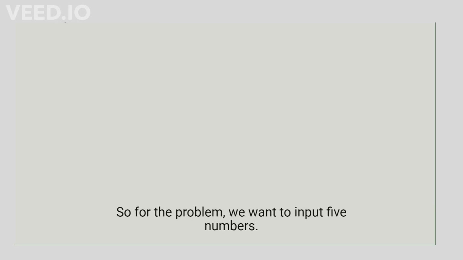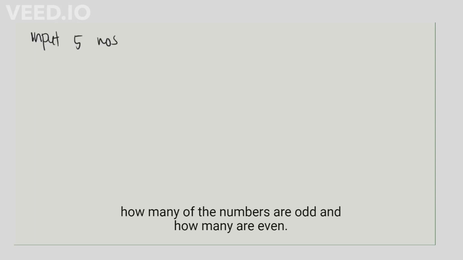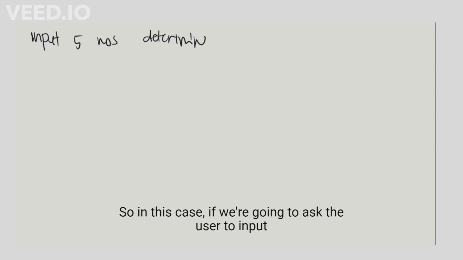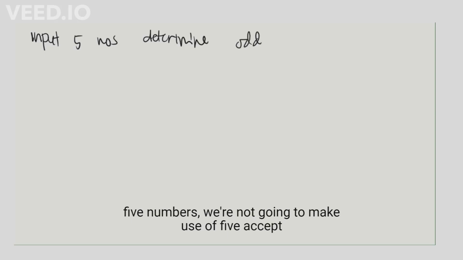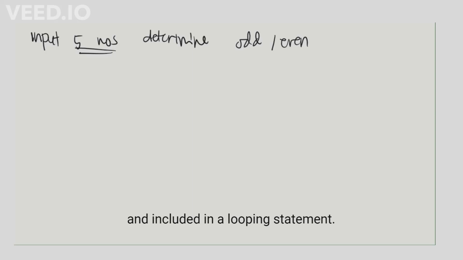We want to input 5 numbers, then determine how many are odd and how many are even. We're not going to use 5 accept keywords. Instead, we're going to use only a single accept and include it in a looping statement.